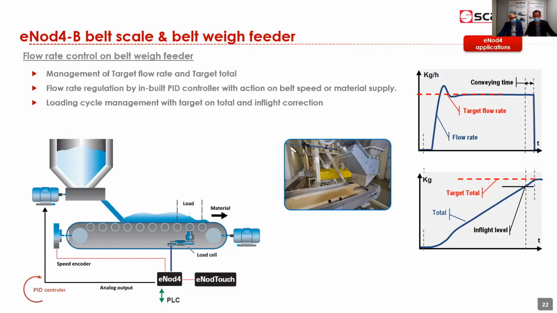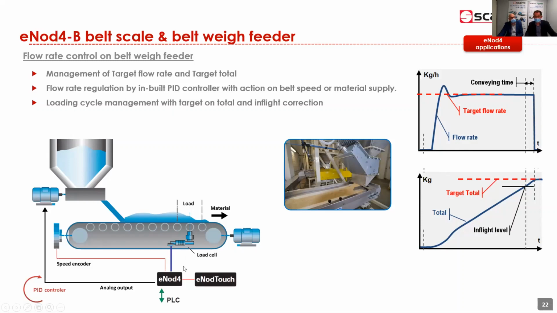But in addition, this mode will offer the possibility to manage a target flow rate and target total, so to manage the two. As you can see from the graphics on the right, so target flow rate, which is continuously adjusted, and target total.